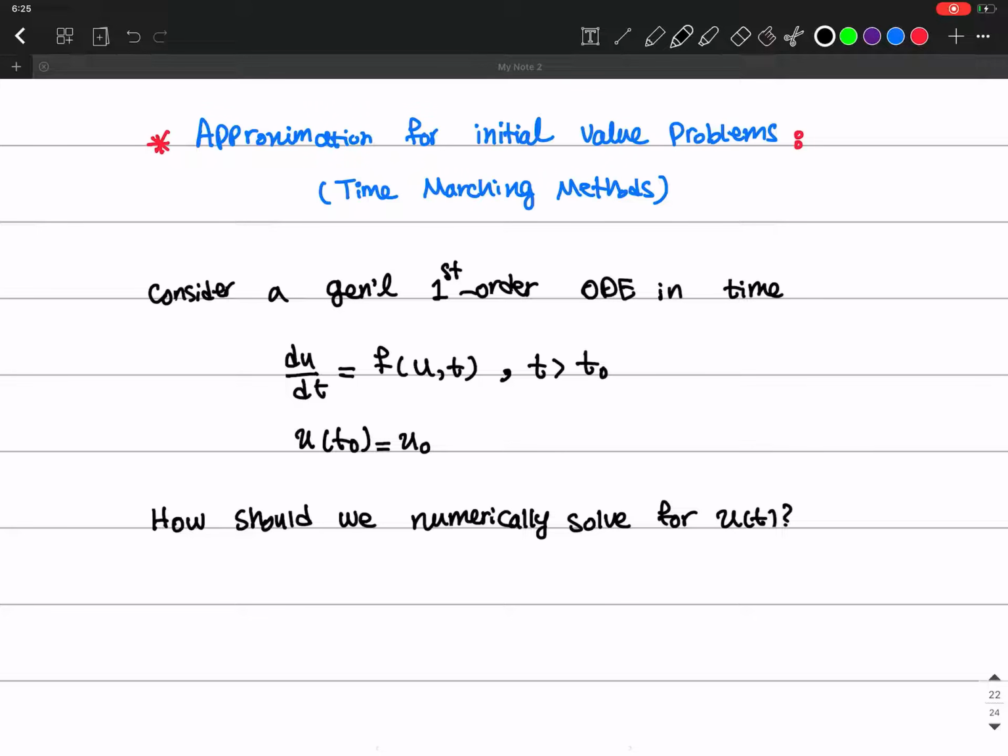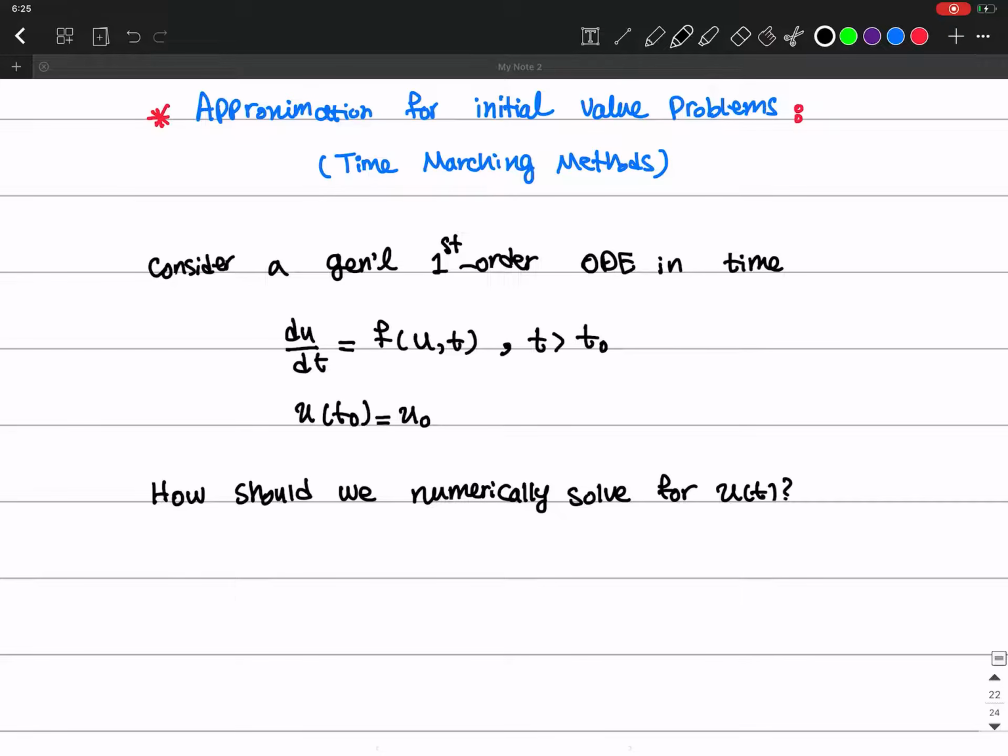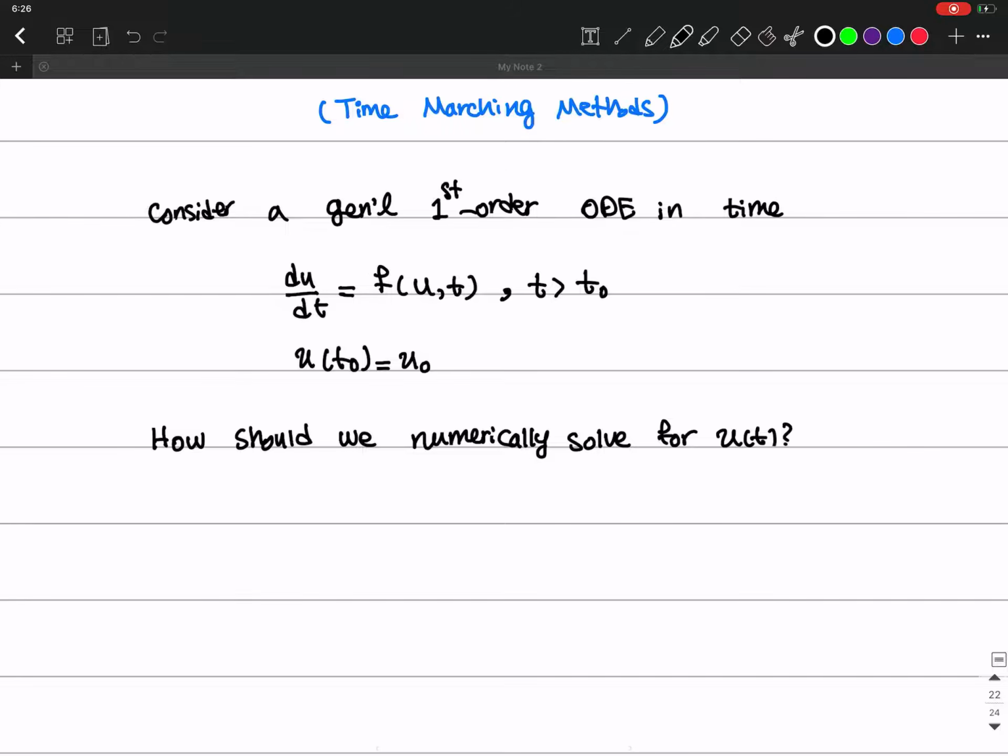We talked a little bit about the analytics, and now we want to move forward with the numerical ways. A simple way to answer this is, first we need to discretize our domain, similar to the spatial discretization that we did. Okay, so discretize the domain.